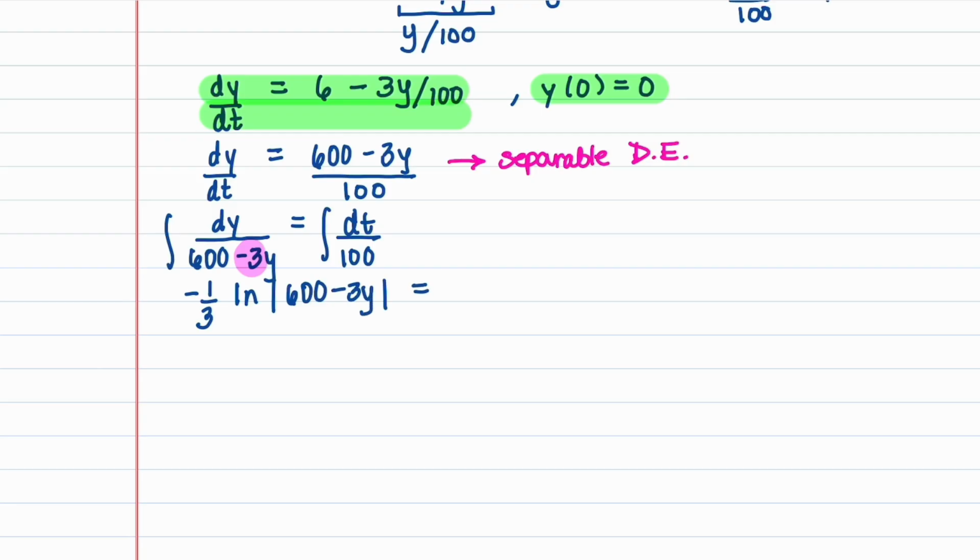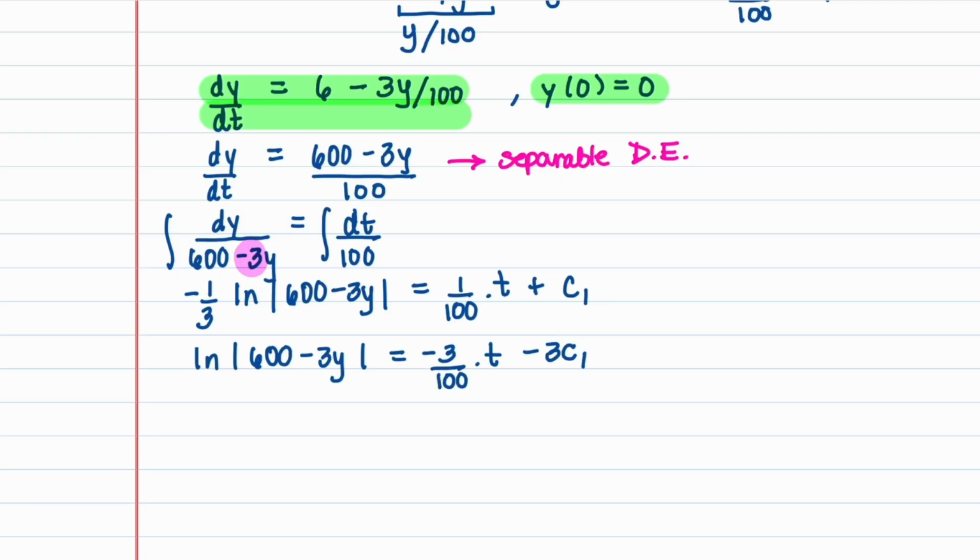And then on the right, we just have 1 divided by 100 times t plus an arbitrary constant that I'll call c1. Let's multiply both sides by minus 3. So on the left, we have natural log 600 minus 3y. And then on the right, we have minus 3 over 100 times t minus 3c1.